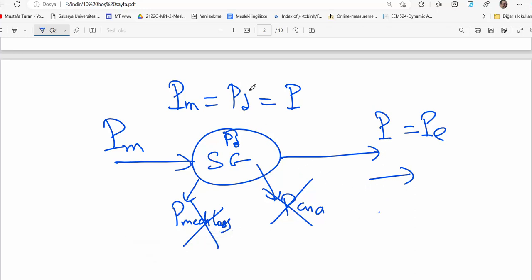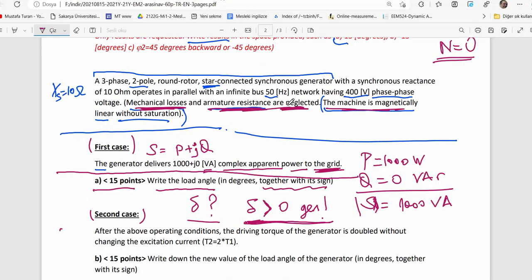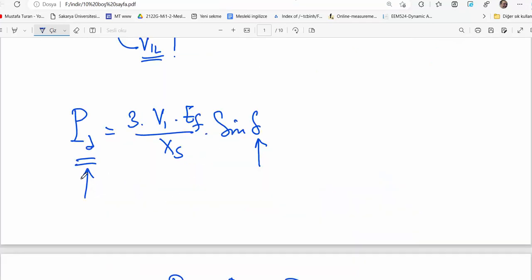Now, we can use this. We have already been given the power here, so we can substitute it here. We know this. We can calculate this. It is given. I don't know this. It gets more complicated.